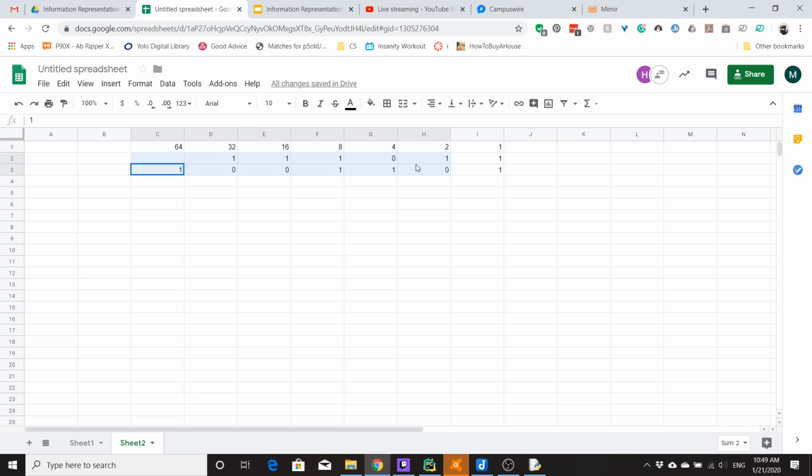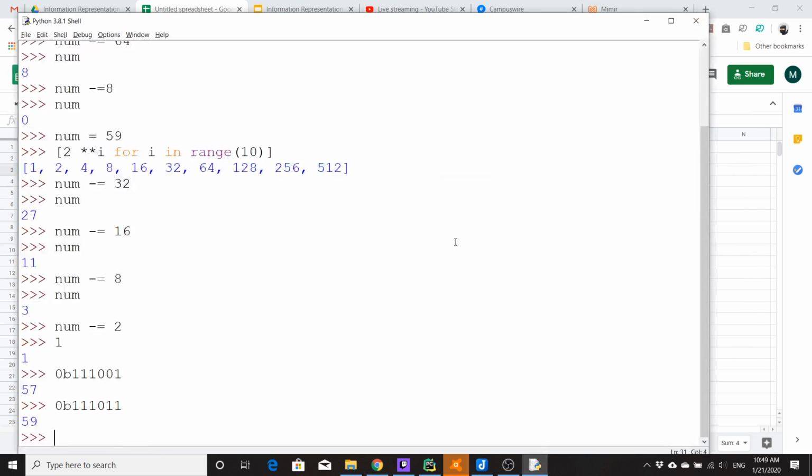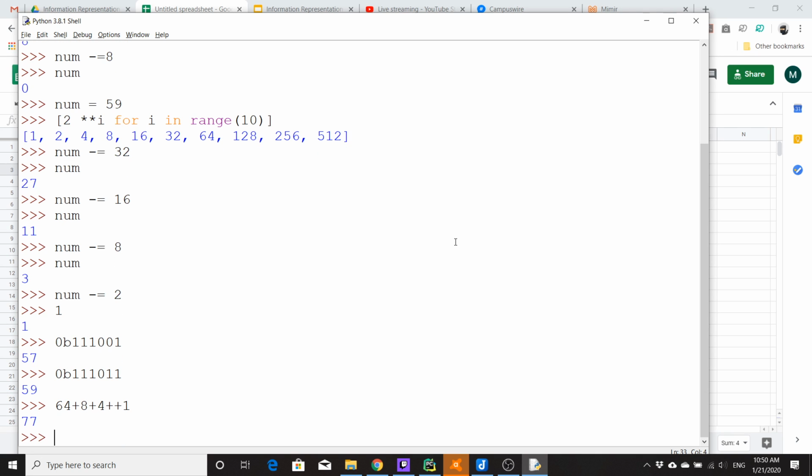What should this binary number's base 10 value be? 64 plus 8 plus 4 plus 1, right? So 64 plus 8 plus 4 plus 1, 77.